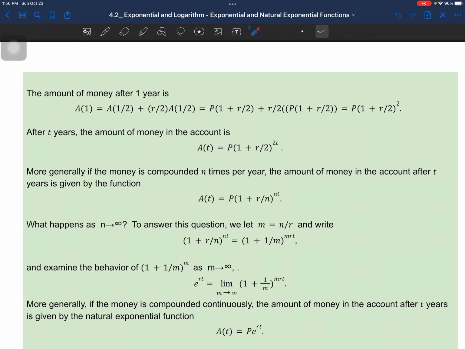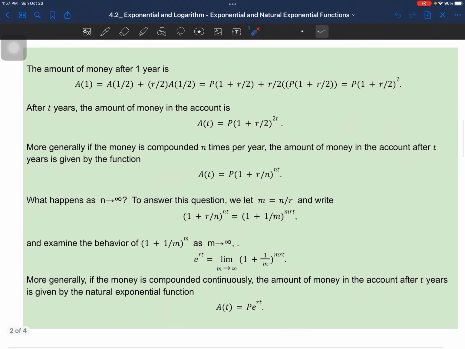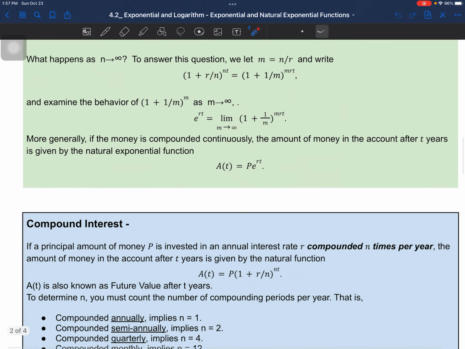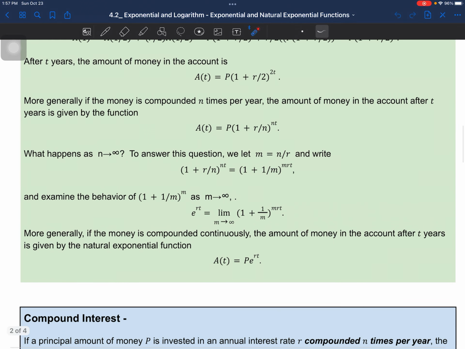In general, if you're going to compound your money n times per year, then the amount of money in the account after t years will be p times 1 plus r over the number of times it's compounding per year, raised to the power of number of times compounded per year times the number of years.